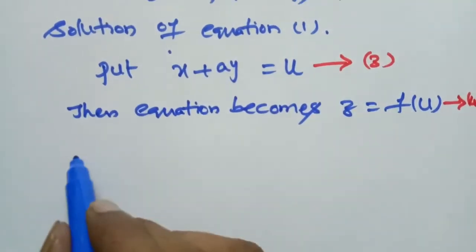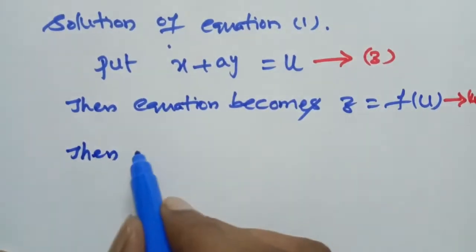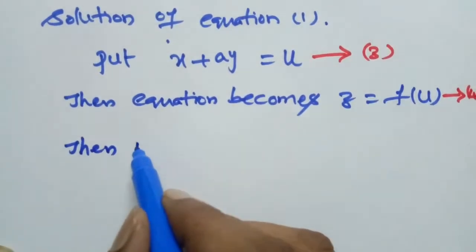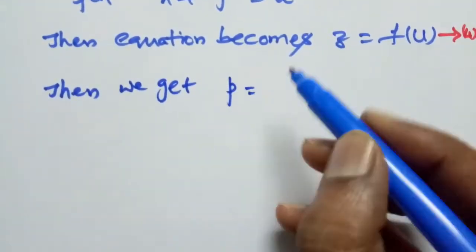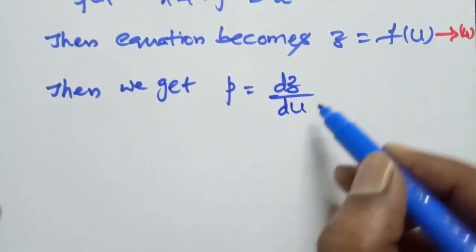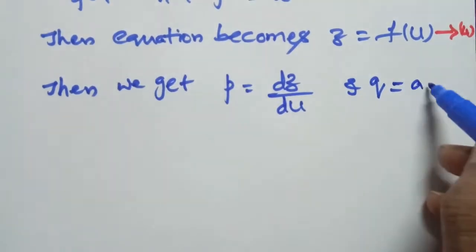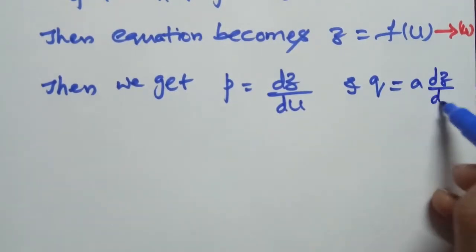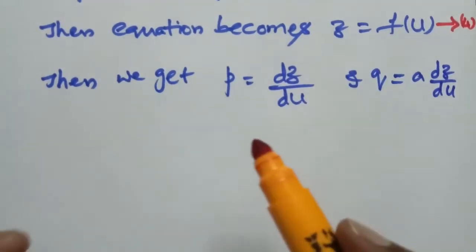Then we get p is equal to dz by du and q is equal to a into dz by du, as explained in the procedure.